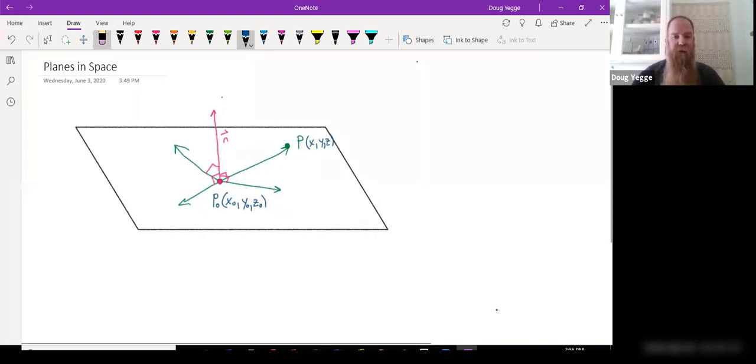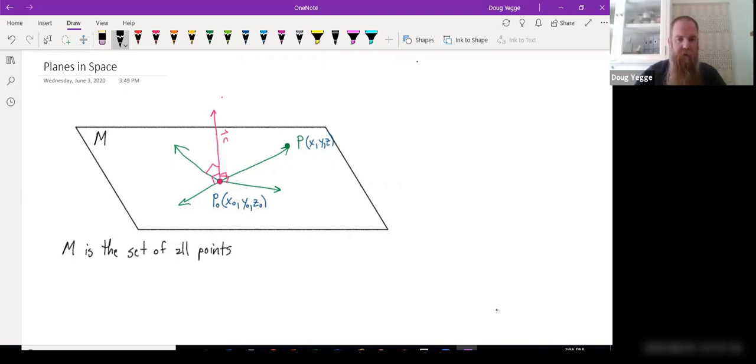Then let's call this plane M. M is the set of all points, which we'll call P, such that the following is true: n dot P0P has to be equal to 0.